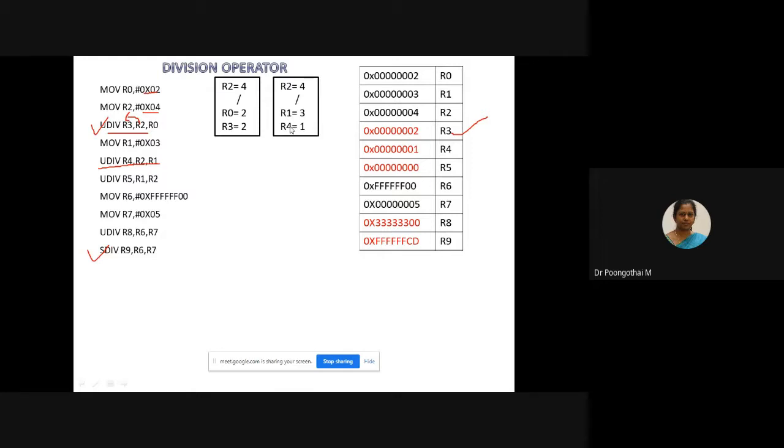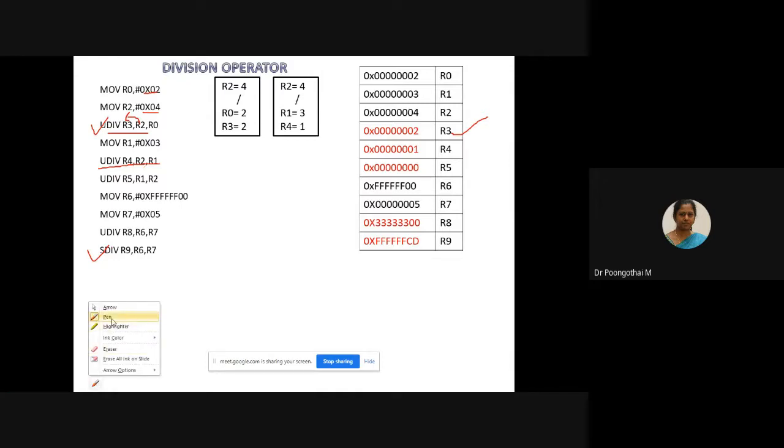Your R4 holds 1 after execution of this instruction. When we divide 4 by 3, we get a quotient of 1 with a remainder of 1. However, we need to remember that these are integer divisions, which means any remainder from the division is simply discarded.